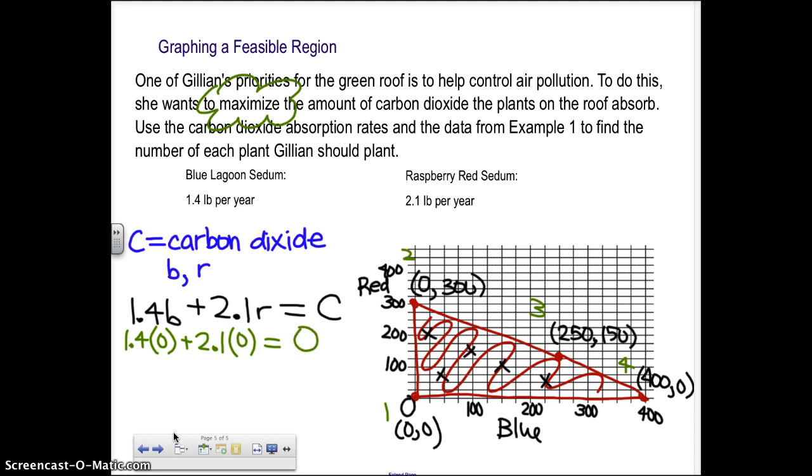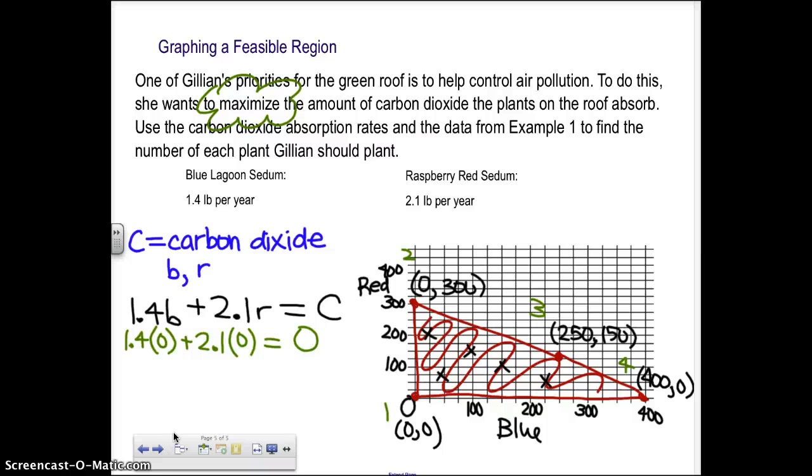If we don't plant any plants, we're not going to save the earth. Okay, that's not exactly what we're saying, but it's what I'm saying. What I mean is 0, 0 is definitely not going to maximize it, but we need to try that point. If we were looking for the minimum, that may have been a good point.